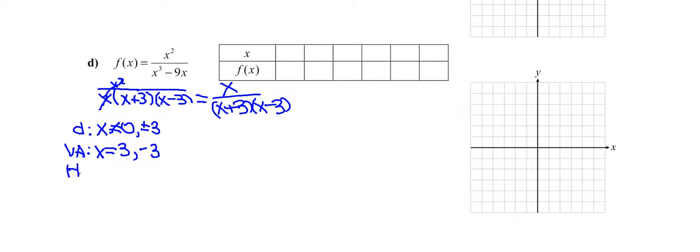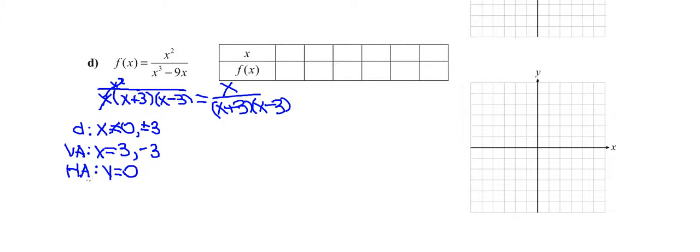Looking at this, we see what has the highest exponent. x cubed is greater than x squared, so we know that the horizontal asymptote is going to be y equals 0. Again, that's looking at the degree, and 3 is a higher degree than 2.